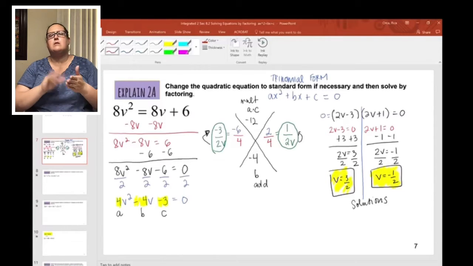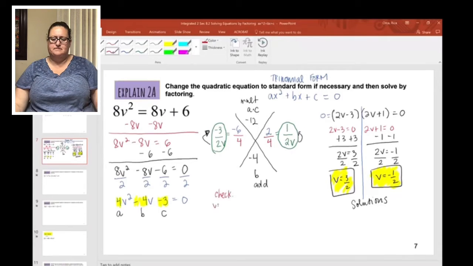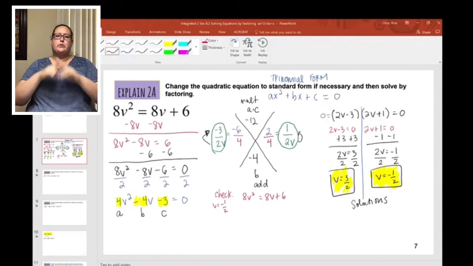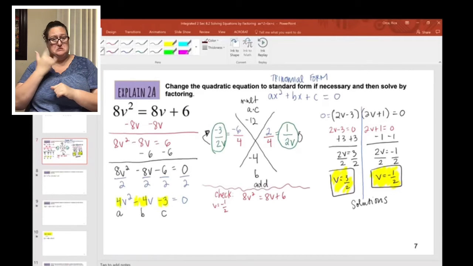I'll go ahead and check v equals negative 1/2. When you check your work, you want to go back to the original equation just in case you made a mistake somewhere in between. So when v equals negative 1/2, let's plug that in.